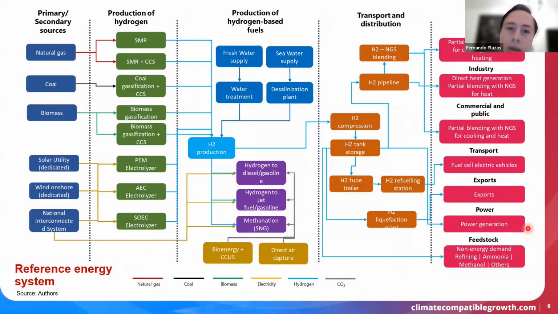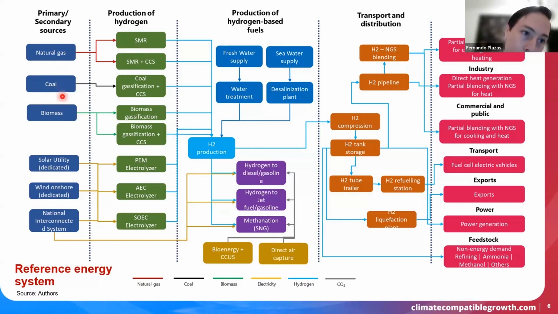So here we have the reference energy system for the hydrogen supply chain in the case of this study in Colombia. Because in Colombia we have domestic reserves of natural gas and coal, it is possible to have steam methane reforming. That's the first thing, and right now this is the main method to produce hydrogen in Colombia.